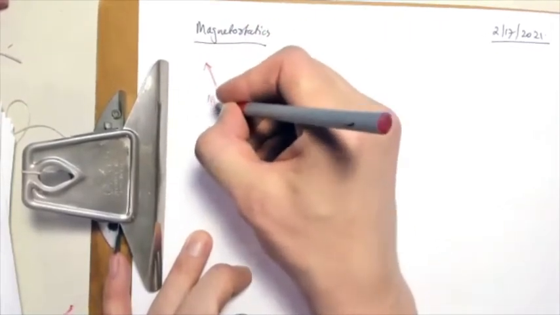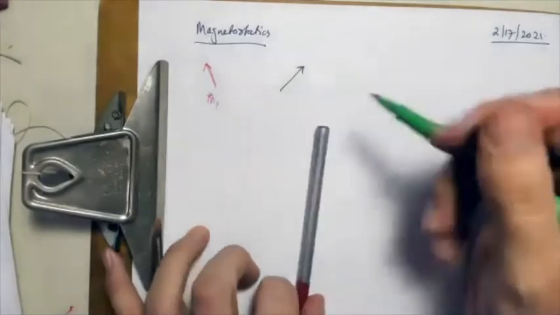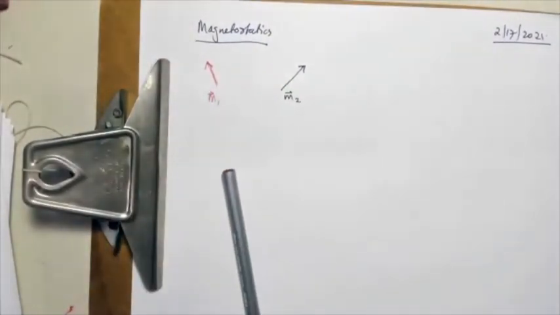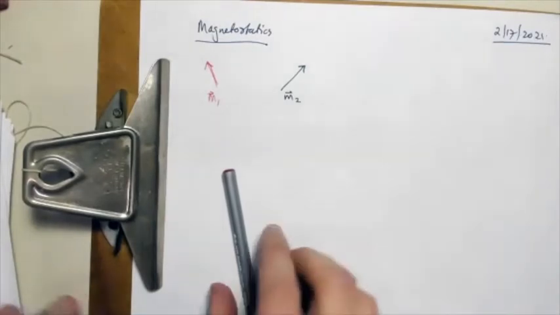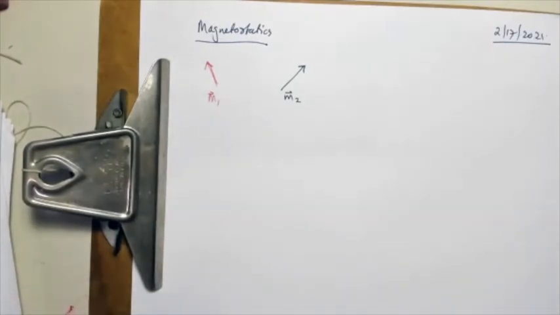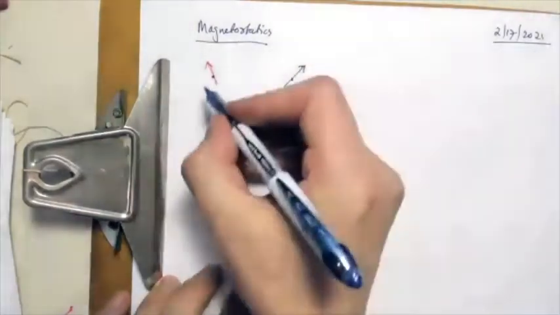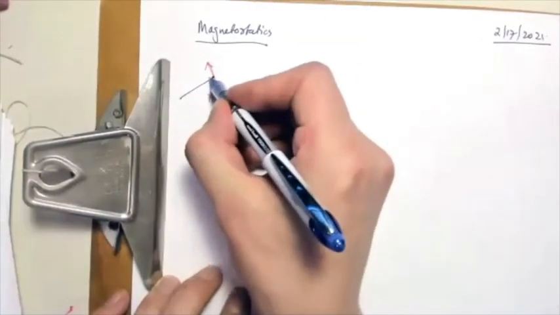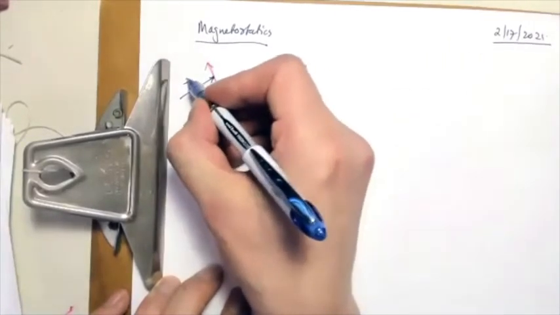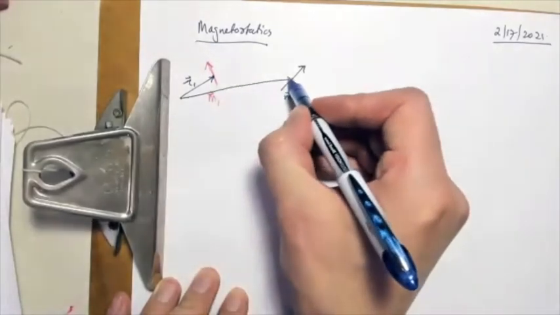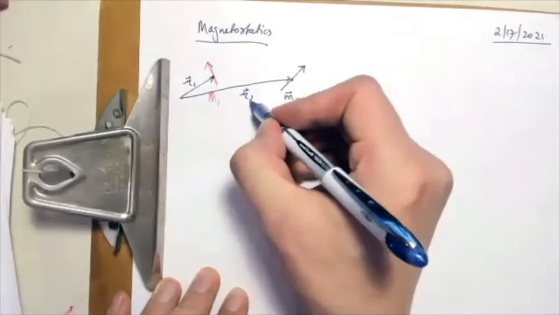Let's call this M1, and let's call this M2. And they are both infinitesimally small. We're just pointing them this way. And then there's some kind of a vector that points from wherever the origin is to R1, R2.